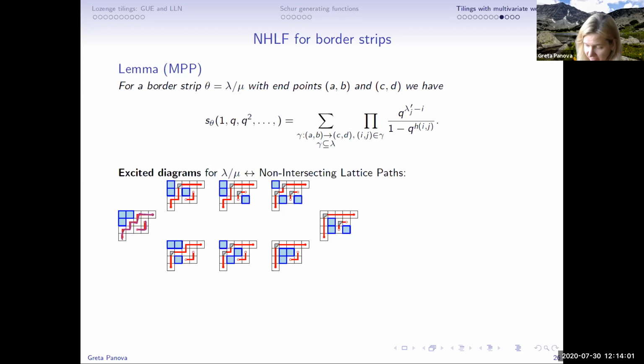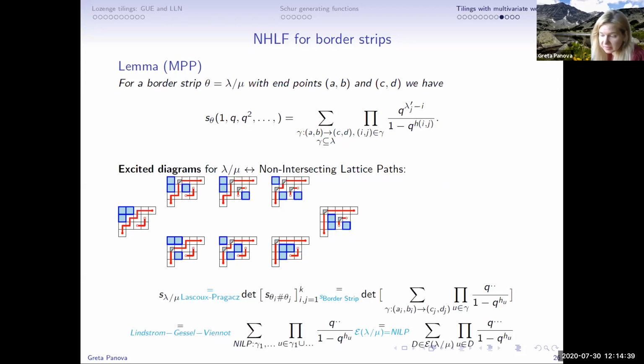And every time we make an excited move, we are basically changing the lattice path to pass above that box. So we are changing corners in the lattice path, and when we do all these excited moves, we get all possible non-intersecting lattice path configurations with these endpoints that were fixed by cutting originally. And so this is really what these excited diagrams are.